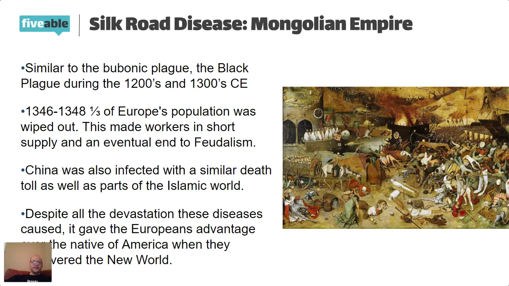All right, let's keep going. Oh, and by the way, I just want to make this clear, because we always like to talk about the Black Death or the Black Plague killing a lot of people in Europe, but it killed a lot of people everywhere. Like China got devastated.